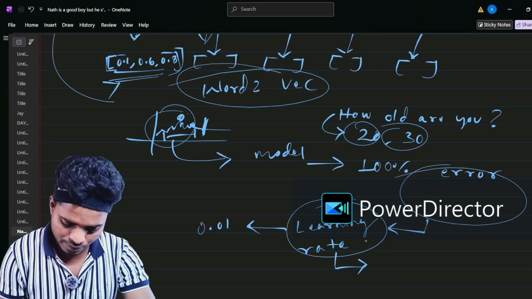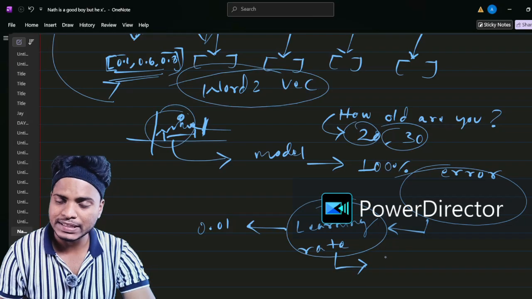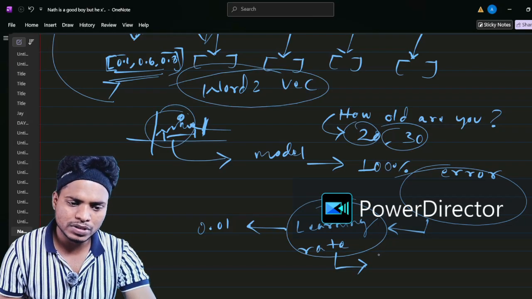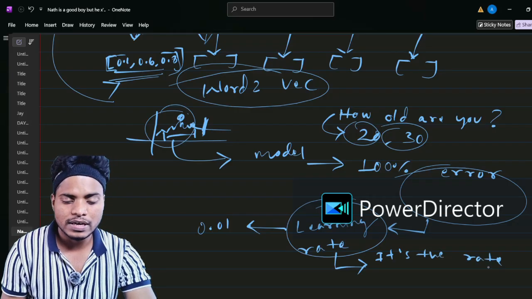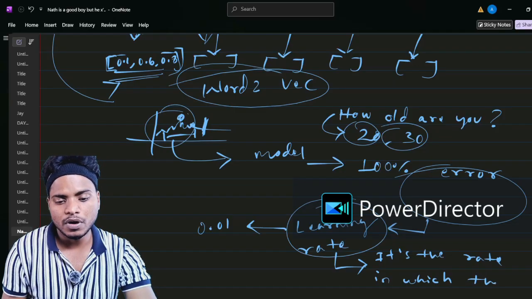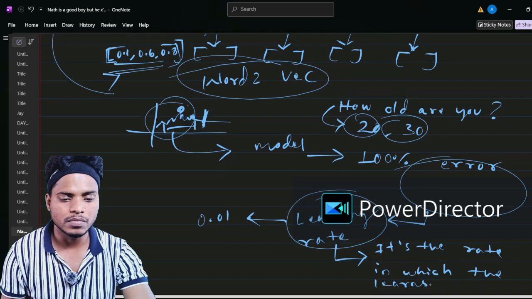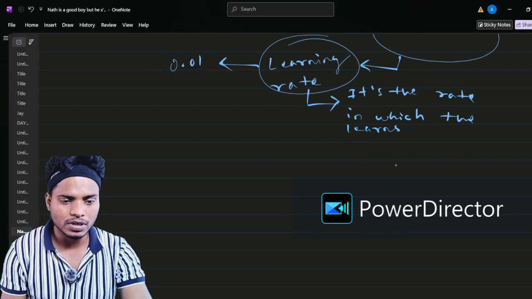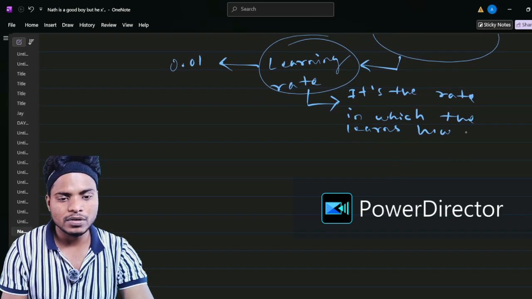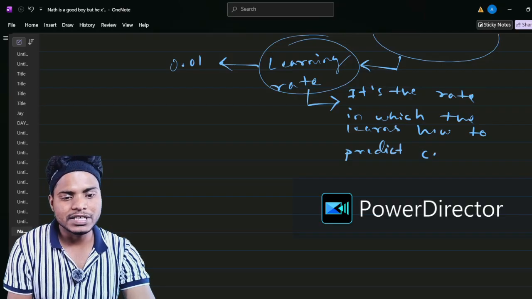Learning rate is nothing but the rate at which the model learns how to predict correctly.